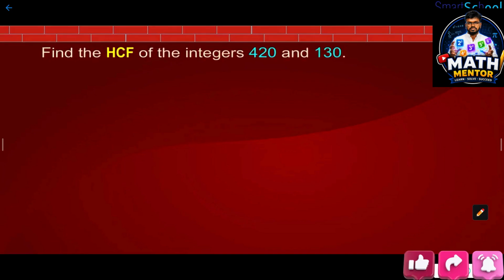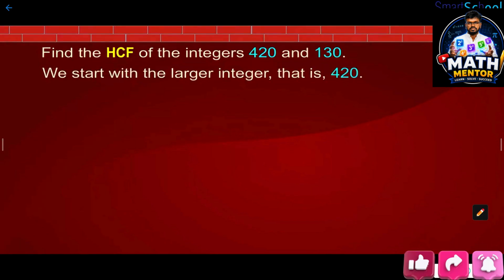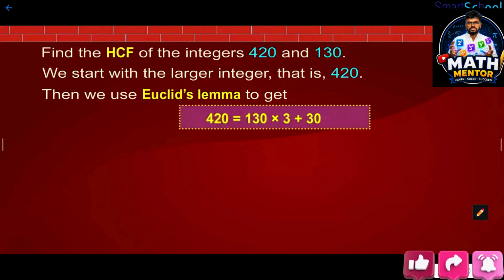Suppose we need to find the HCF of the positive integers 420 and 130. We start with the larger integer, that is 420, as dividend and the smaller integer 130 as the divisor. Then we use Euclid's lemma to get 420 is equal to 130 into 3 plus 30, where 3 is the quotient and 30 is the remainder.